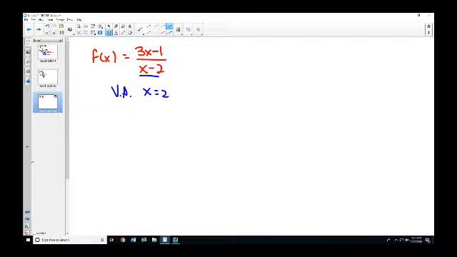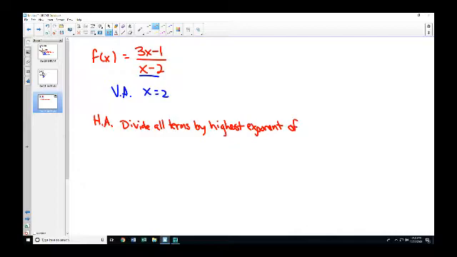Here's the best method that I've found. We're going to divide all terms by the highest exponent of x.